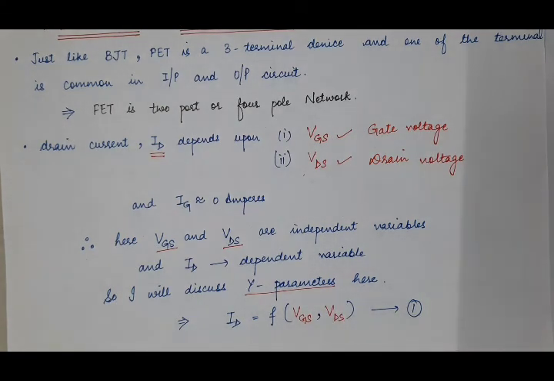And what does this mean? It means that whenever you change the value of VGS, it will change the corresponding value of drain current. And corresponding to the change in VDS, the value of ID will change. So whenever the value of VGS or VDS is changed, the value of ID will change.